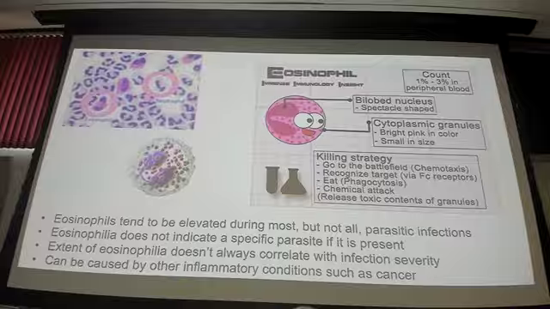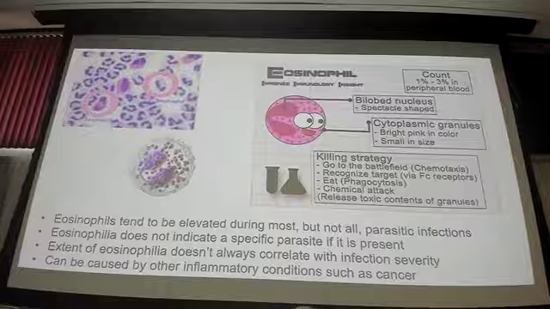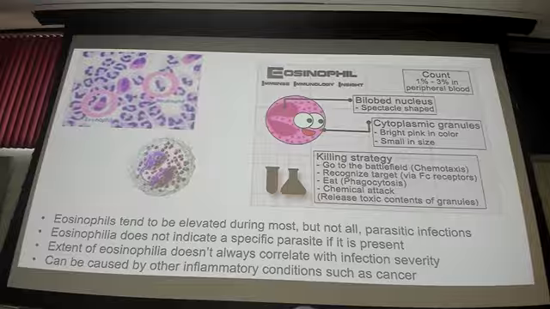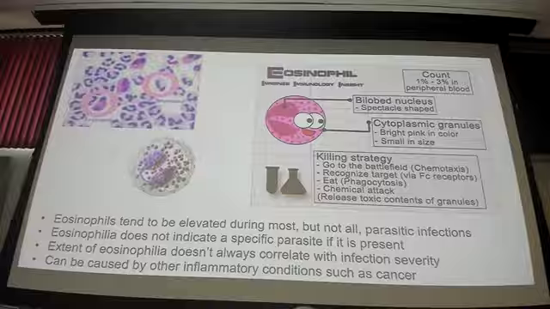You might get a higher level of eosinophilia with barely any pathology associated with that parasite, and vice versa. And lastly, there are other things that can cause eosinophilia. Cancers can cause higher levels of eosinophils in the peripheral blood. So make sure you appreciate those limitations with interpreting high levels of eosinophils in the blood.